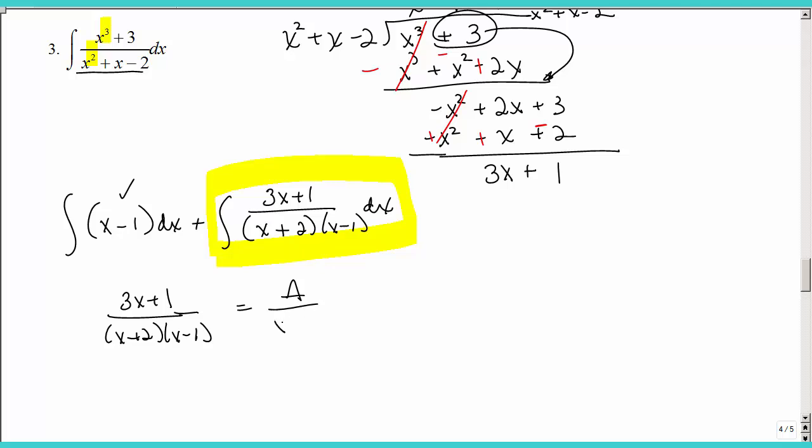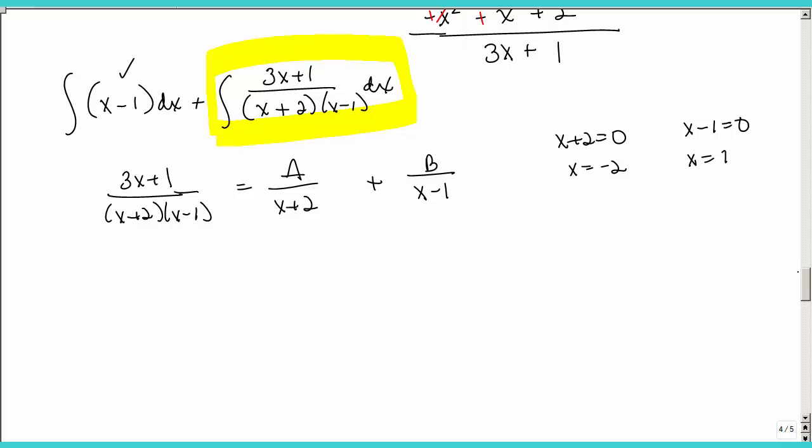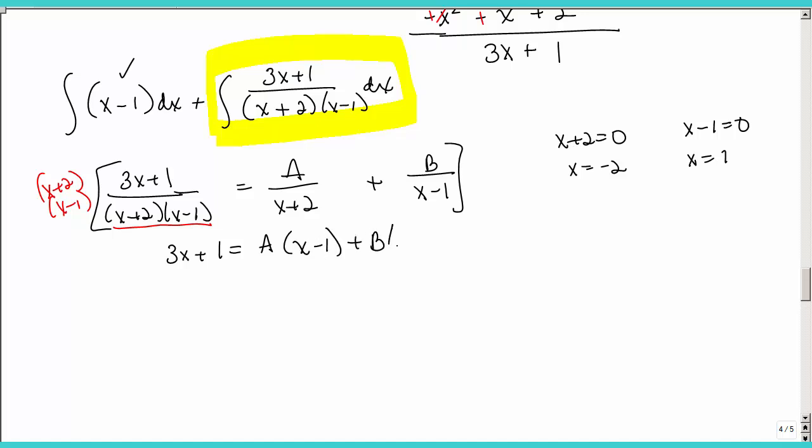Again, two non-repeated linear factors. I'm going to have my two convenient values of -2 and +1. So here's my equation. I'm going to multiply both sides by my original denominator, always my original denominator. So I would be left with 3x plus 1 equals a times x minus 1 plus b times x plus 2.